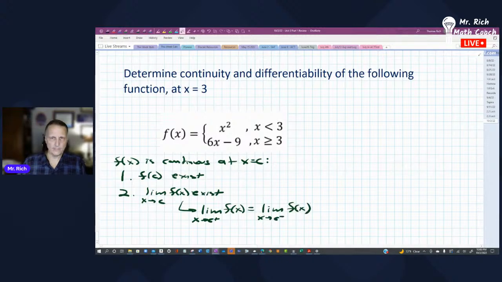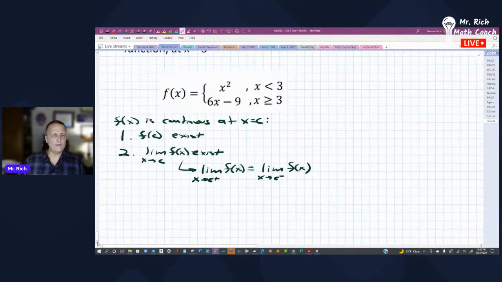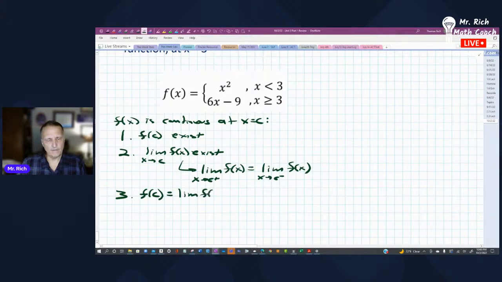So that is another way of stating number 2. And then the third thing that has to be true is these two things from numbers 1 and 2 have to be the same thing. So it has to be that f of c is equal to the limit of f of x as x approaches c, and that has to be a real number. That's kind of implied, but I'm going to state that. It has to be a real number.